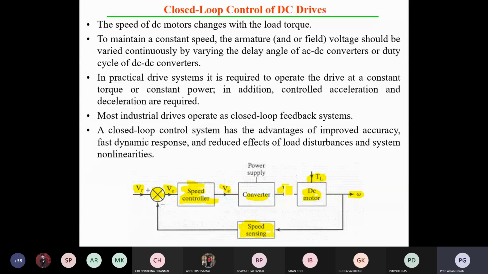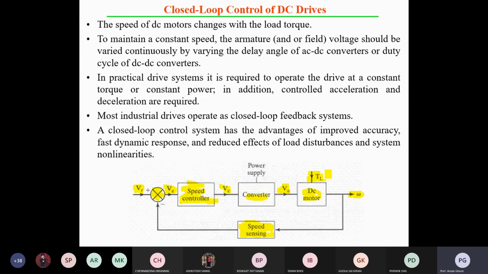After the comparison you get some output speed, and that speed will be defined. Load torque is decided by how much load you have given to the motor. If load torque is more, the motor draws more current. If load is less, the motor draws less current. How much maximum current the motor can take is decided by your system definition, the circuitry and the excitation. The motor has an extra excitation coming from VA, and that current comes from your converter, so converter current rating is important.